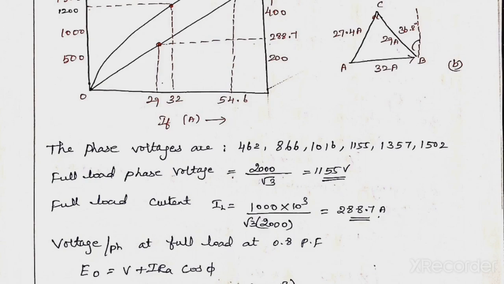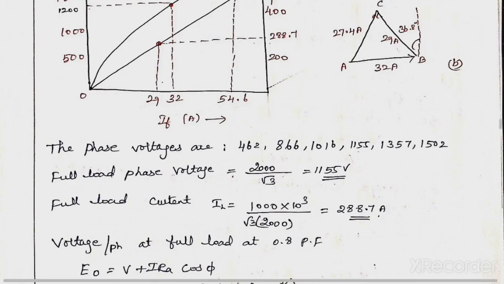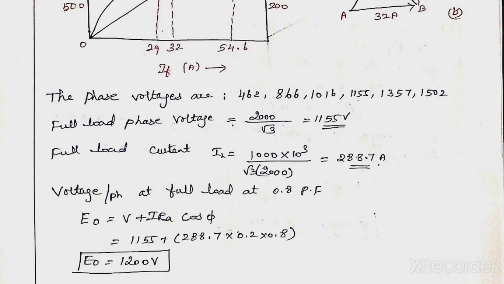Then the full load current, we know the formula: I is equal to kVA divided by root 3 into V. So 1000 into 10 to the power of 3 divided by root 3 into 2000. So the IL value is 288.7 amps.